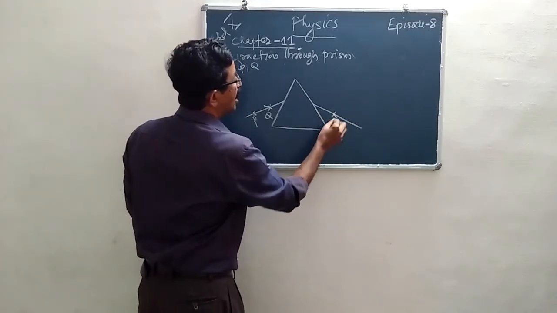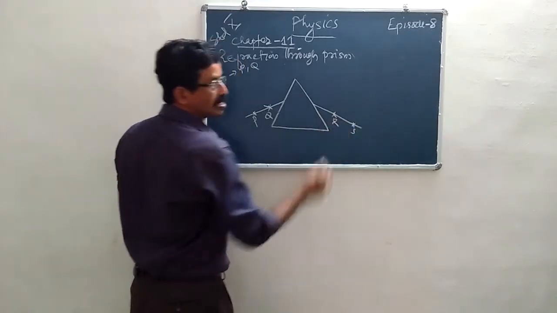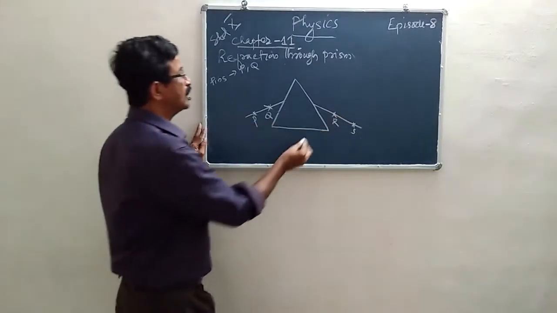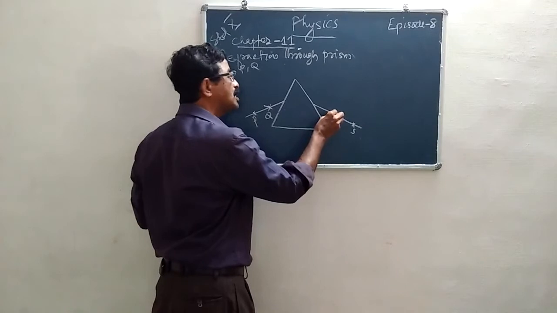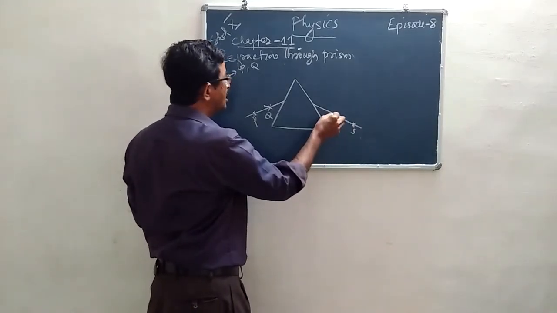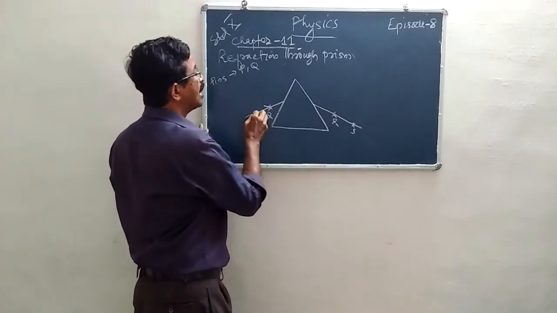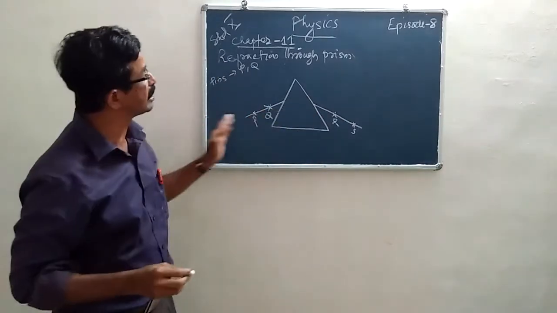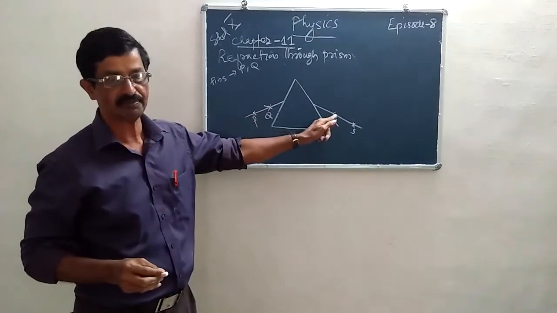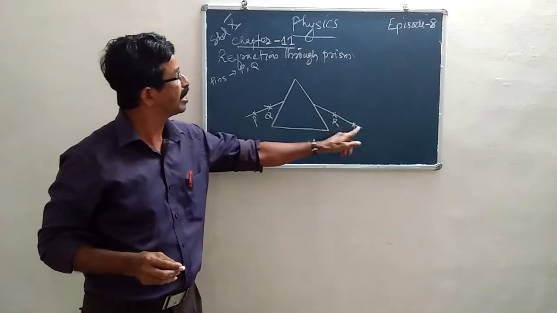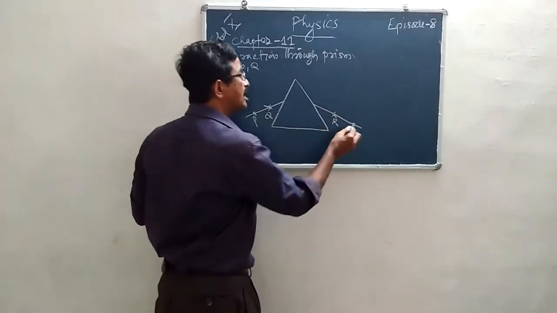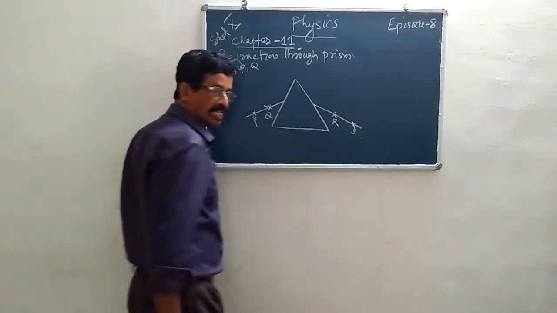Let them be R and S. See, R and S. When you fix this pin, look from this side, you can see R, Q, P in the same line. You can see these three pins in a line. In that way you fix this one here, and another one here, and only after that you draw this line.